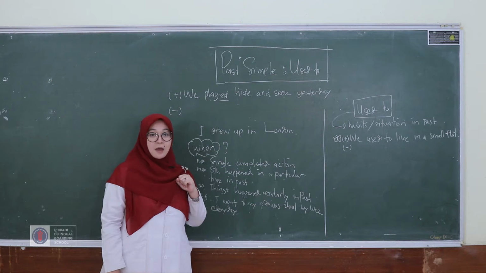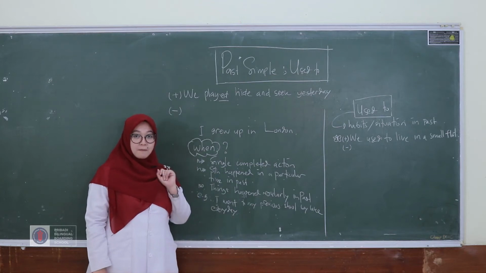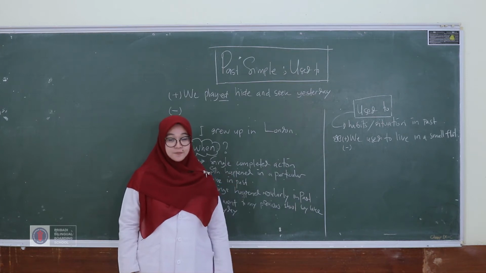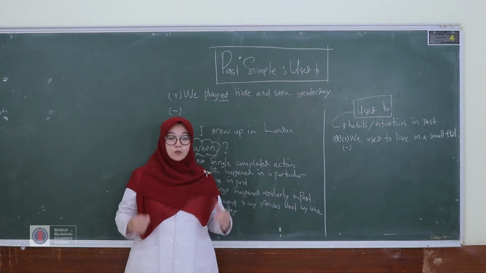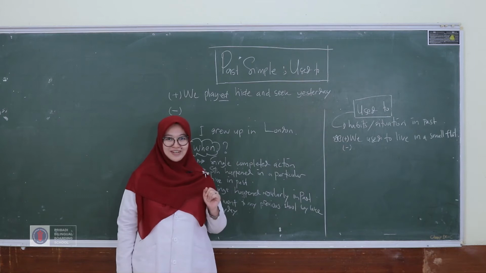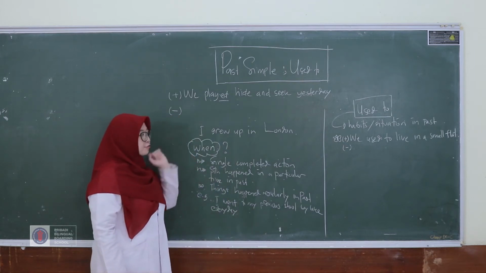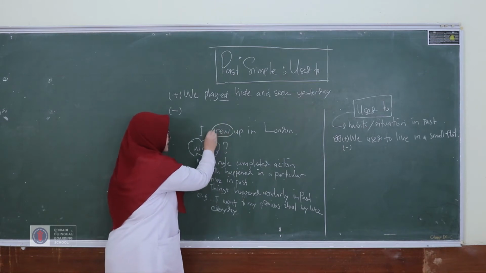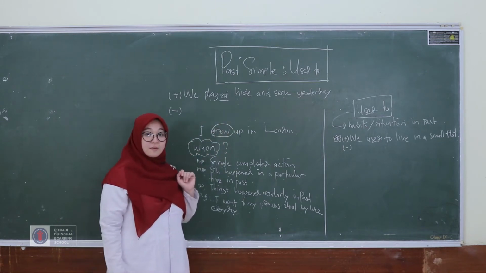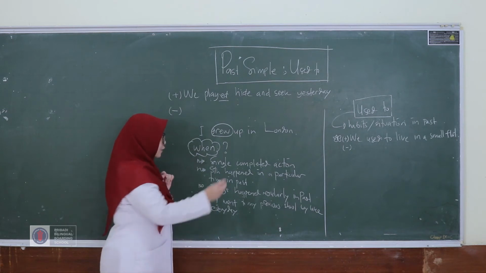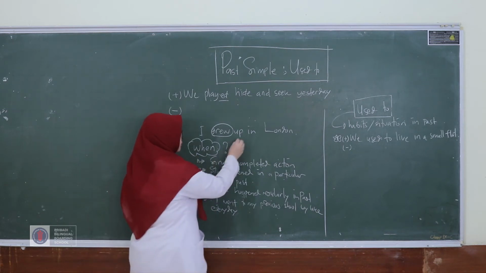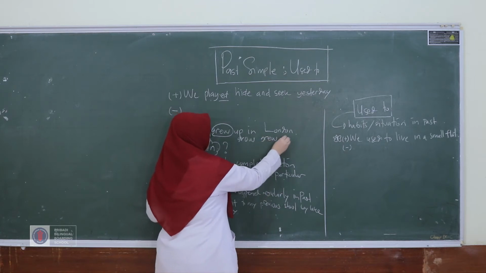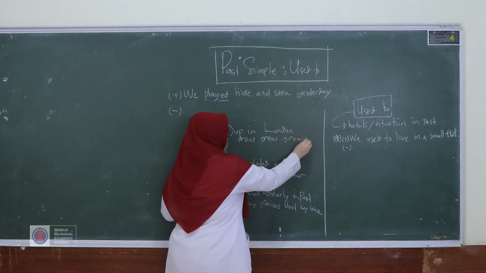It's easy. But I want you to remember that not all past simple verbs use -ed. We can also use what we call irregular verbs. Okay, so: "I grew up in London." That's the verb "grew," an irregular verb from the verb "grow." I will write it down here: grow, grew, and grown.